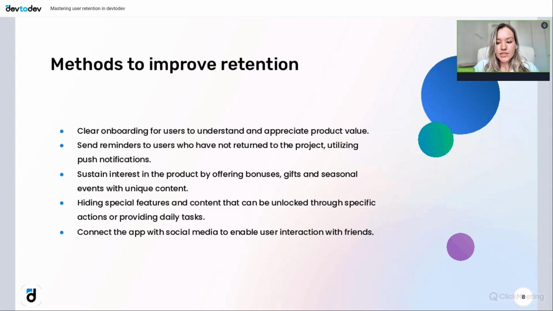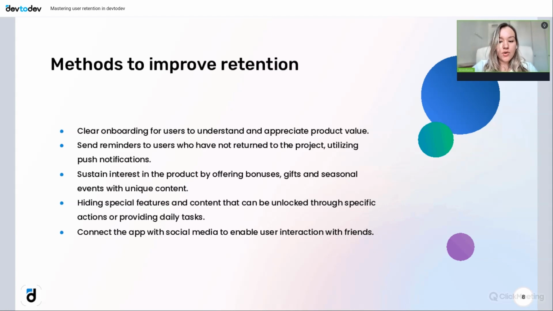And the last thing on the slide is connecting the app with social media to enable user interaction with friends. Some players value social interaction, so features like contests, chats, and the ability to invite friends are important to them.